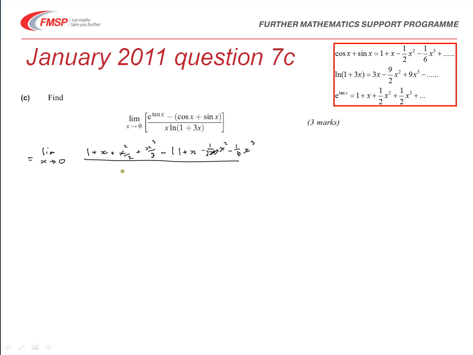And then on the bottom we've got x multiplied by the expansion for the ln function, which was 3x minus 9 over 2 x squared plus the 9 lots of x cubed.